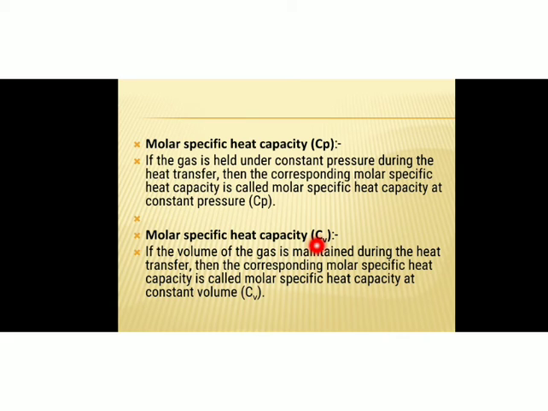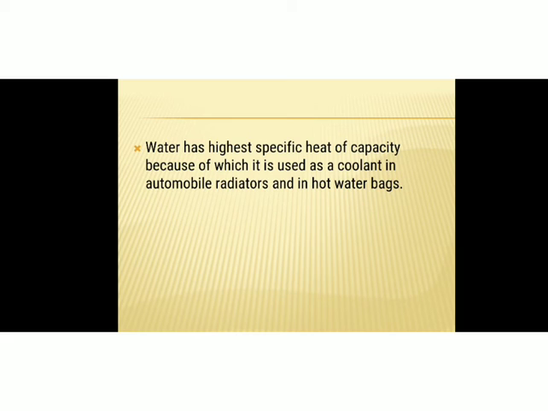Then what is Cv? In this case the volume of the gas is maintained constant. And water has the highest specific heat capacity, because of which it is used as coolant in automobile radiators and in hot water baths. We had already discussed that.